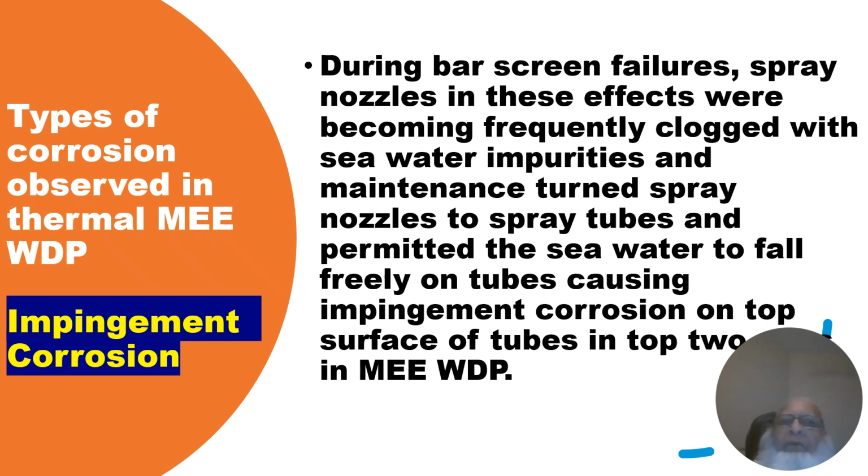During port screen failures, spray nozzles in these effects were becoming frequently clogged with seawater impurities, and maintenance turned spray nozzles to spray tubes and permitted the seawater to fall freely on tubes, causing impingement corrosion on top surface of tubes in top two rows in MEE WDP.